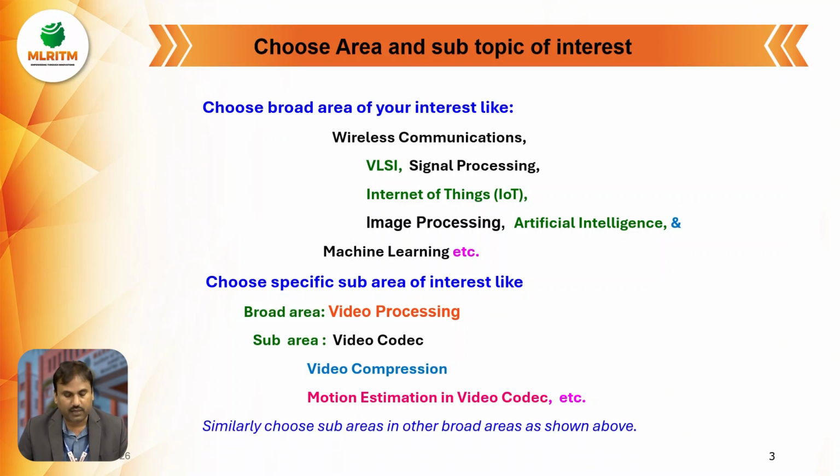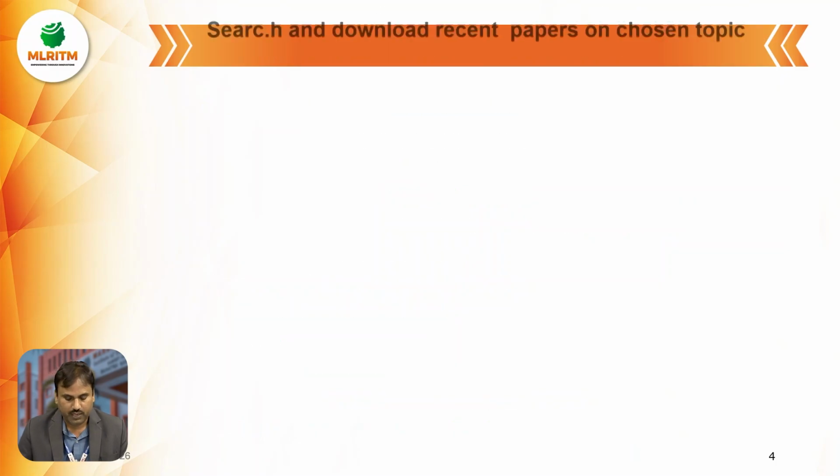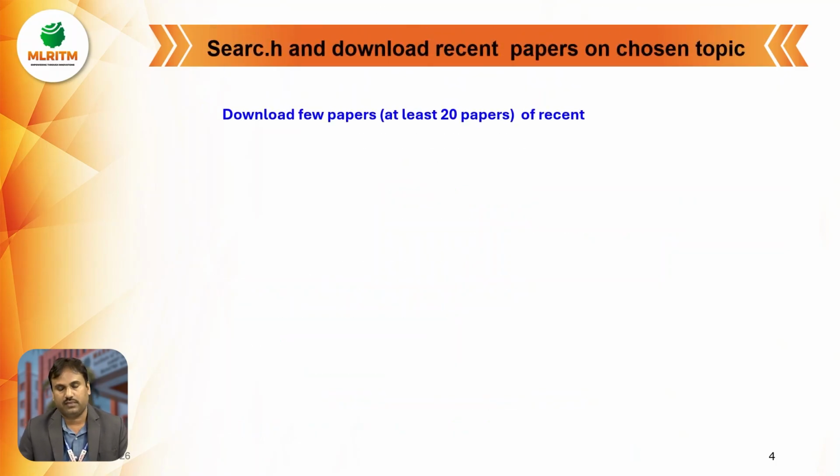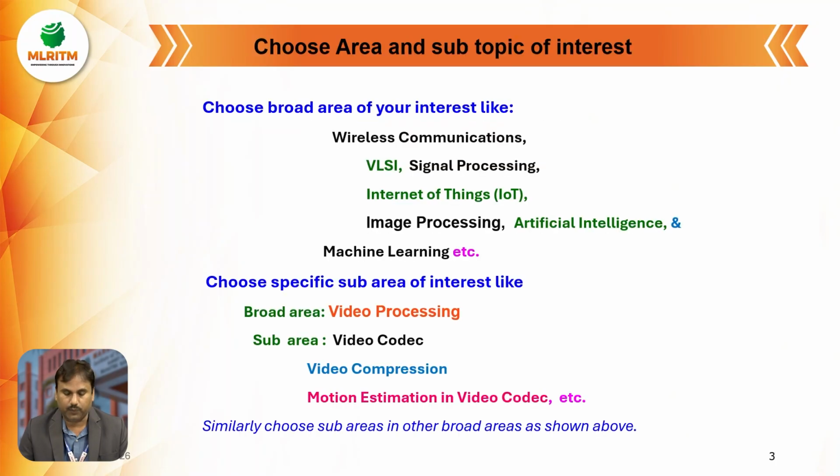Similarly, choose sub areas in other broad areas as shown above. So as of now, we have chosen the broad area, video processing, and sub areas: video codec, video compression, motion estimation in video codec.